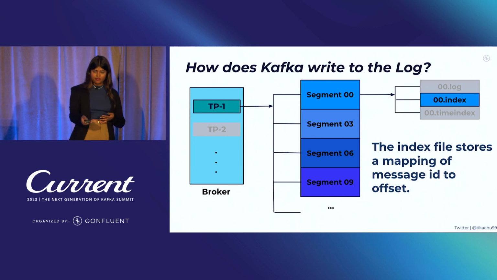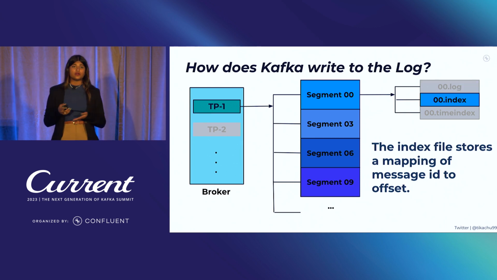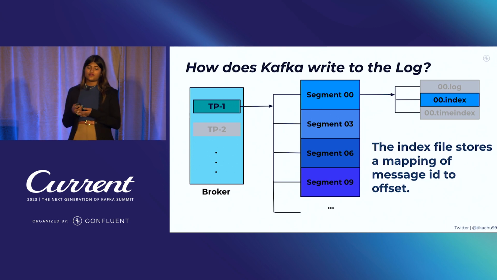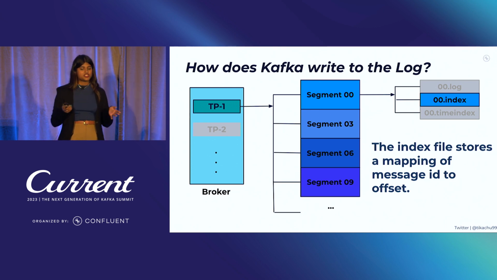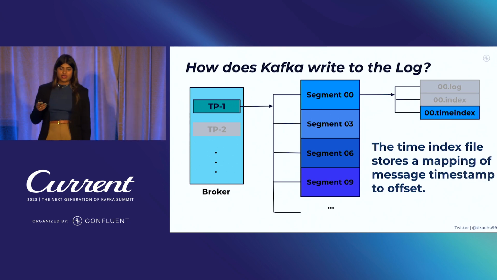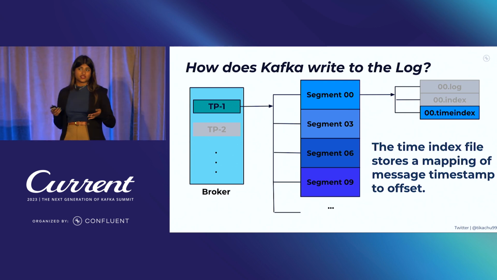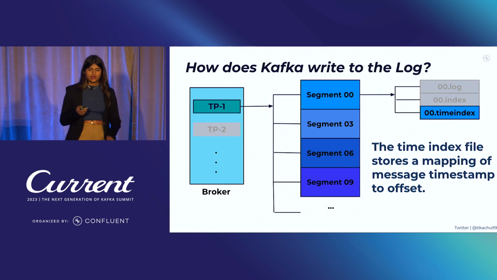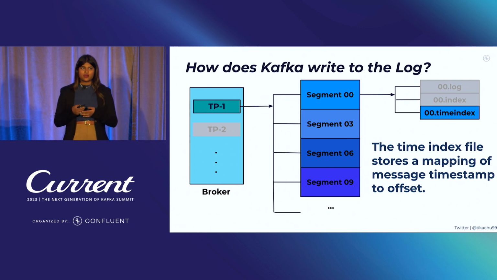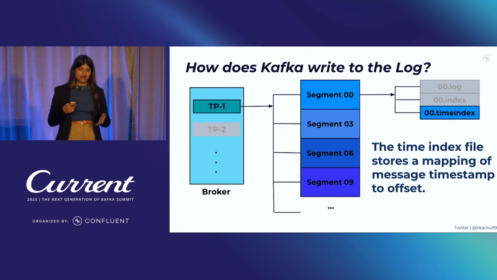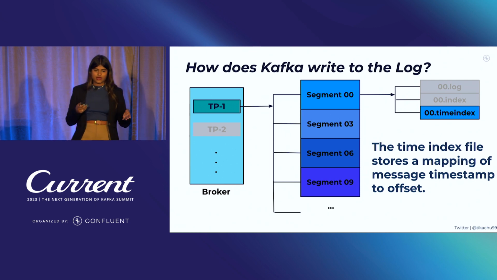Then we have the index file, which stores a mapping of the message ID to the offset. And finally, we have the time index file, which stores a mapping of the message timestamp to the offset. So whenever we're producing data, we're actually writing to these 3 segment files.